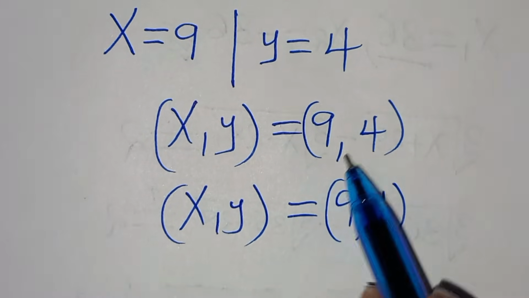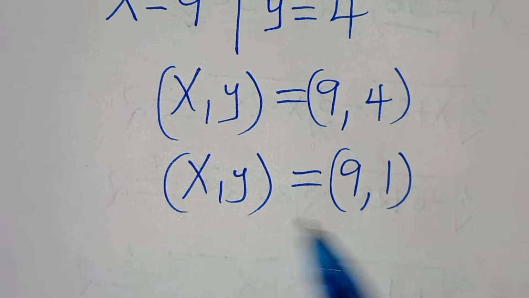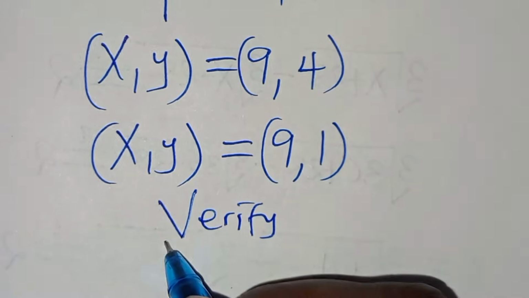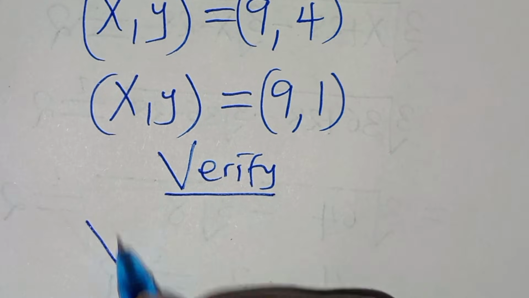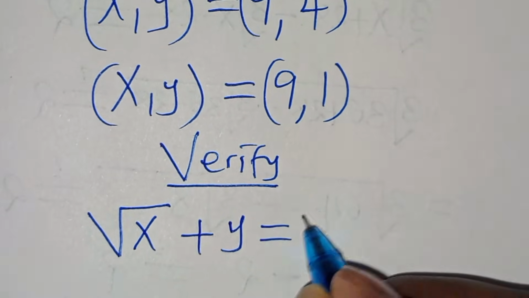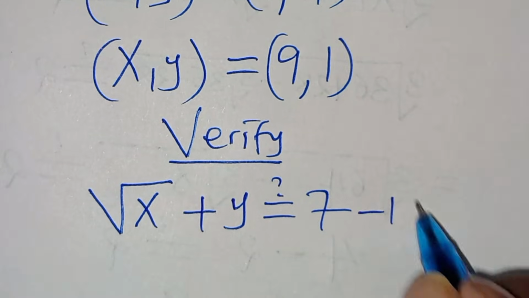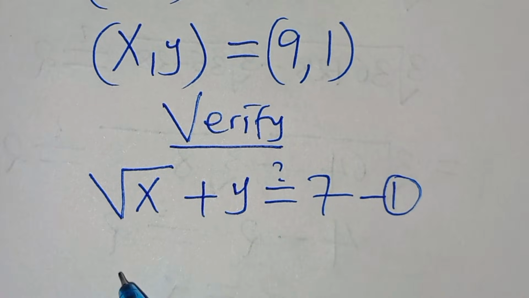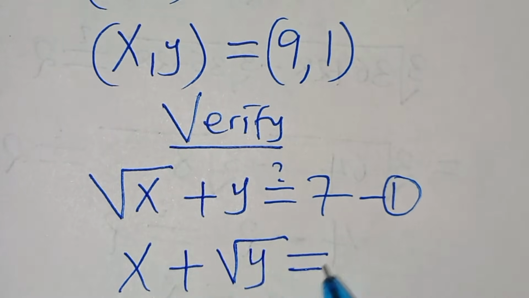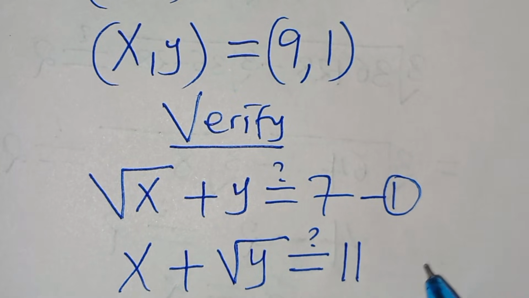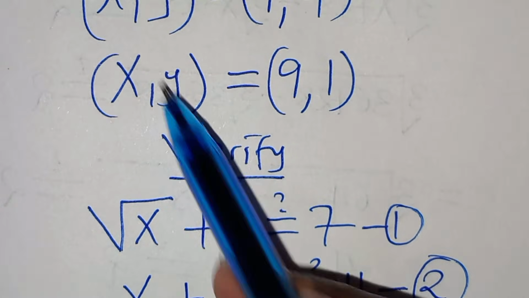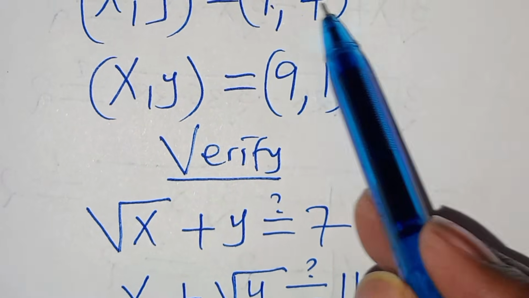Now let's verify if these solutions satisfy the equations. We have the square root of x plus y, which is supposed to give us a value of 7. This is equation 1. And we have x plus square root of y, which is supposed to give us a value of 11. This is equation 2. So let's start with the first set of solution here, which is 9, 4.